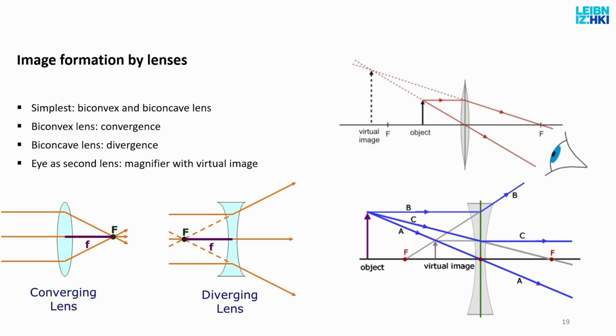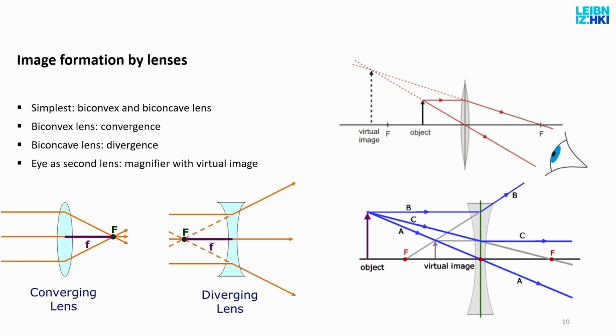Why is that? Why does it work as a magnifier? And if it works as a magnifier, then I can build a microscope out of it. And how? This is the principle that you have to remember: the basic, very simple set of laws of how to draw an image formed by such a lens is the following.